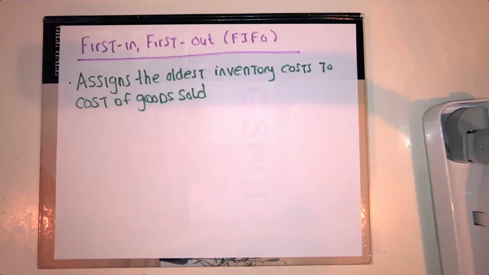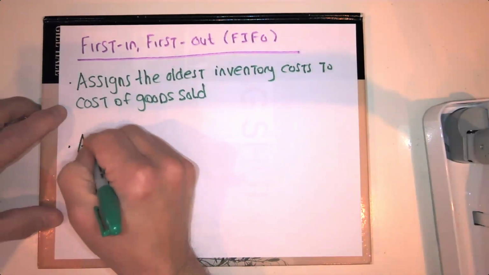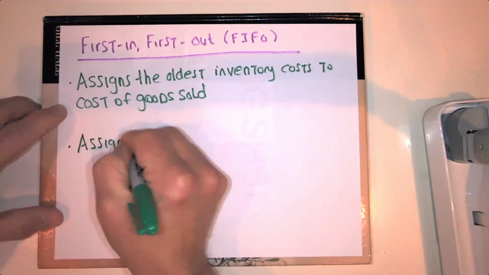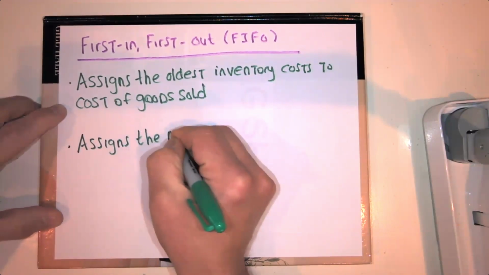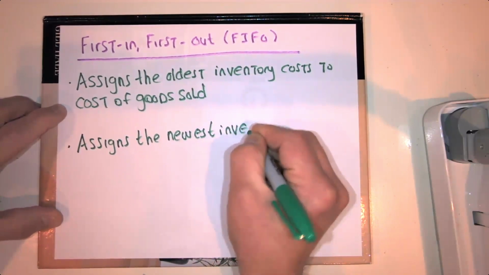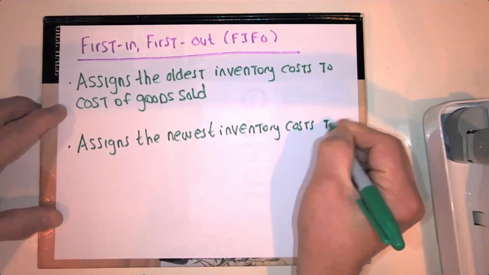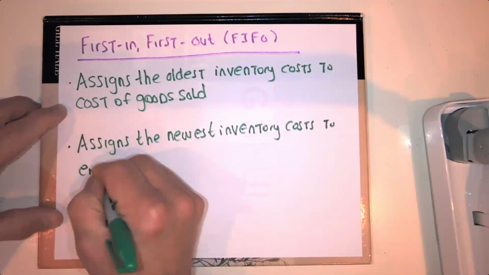And if FIFO is assigning all of the oldest costs to cost of goods sold, what's left is simply all of the newest costs for our ending inventory. So FIFO assigns the newest inventory costs to the ending inventory balance.